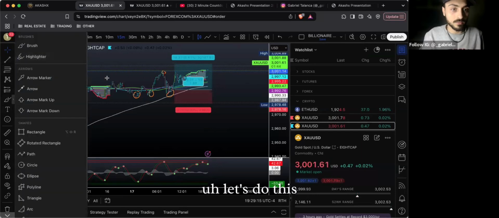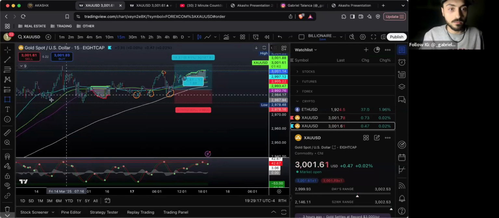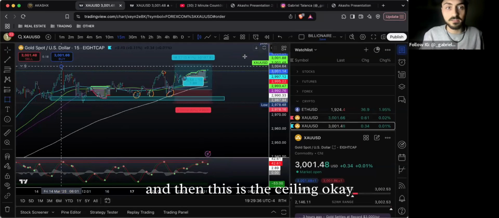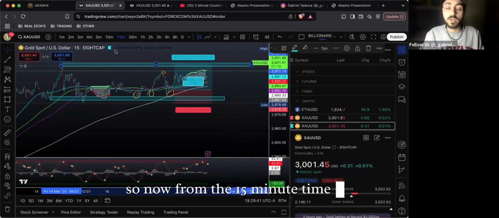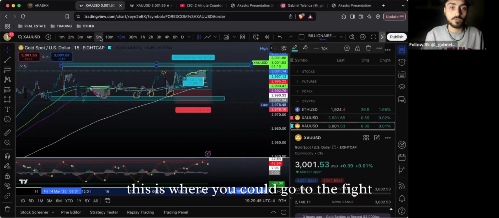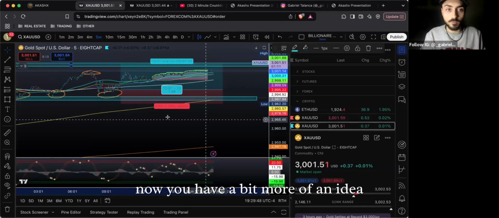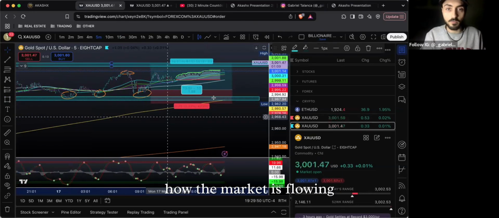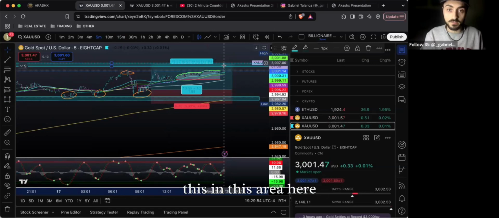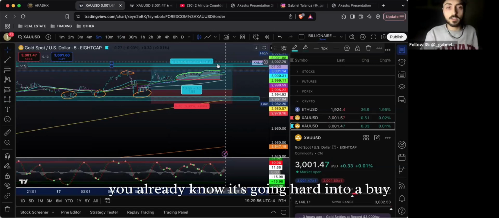Let's do this. If you look at this, this is like a floor right here, and then this is the ceiling. So from the 15-minute time frame, this is where you could go to the 5, and now you have a bit more of an idea of how the market is flowing. If the market breaks this area here, you already know it's going hard into a buy.